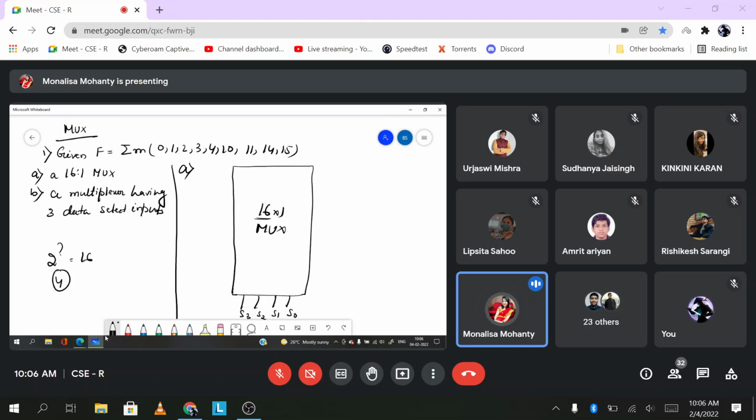Now we are having 16 lines: 0, 1, 2, 3, 4, 5, 6, 7, 8, 9, 10, 11, 12, 13, 14, 15. Out of the 16 lines, what are the min terms present? 0, 1, 2, 3, then 4.